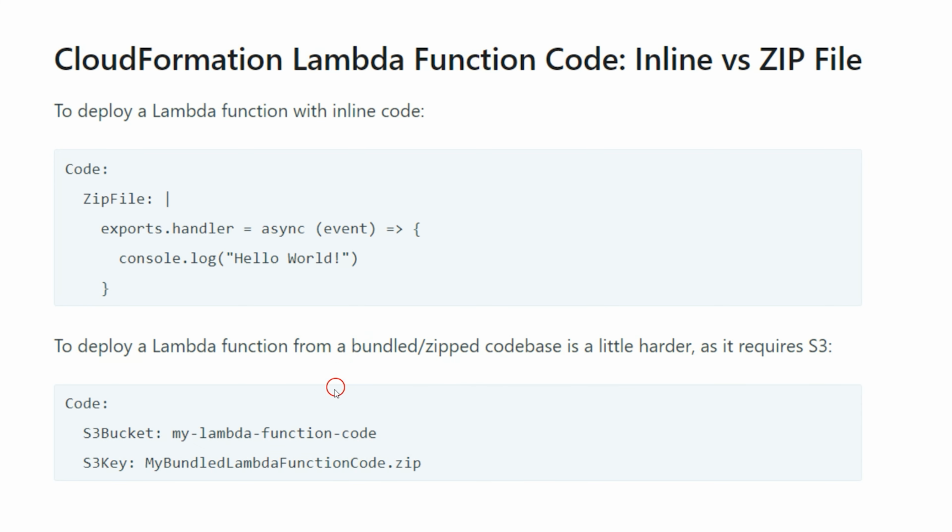If you mention the S3 object version, it will be good for you, because it points to a particular version of the code. In future, if you upload another jar file of the same name, it won't deploy it unless you change something in your CloudFormation template and redeploy; only then will it reflect. That is the advantage of using S3 bucket versioning. This is a sample code I'm just showing, and I'm moving to the next slide.